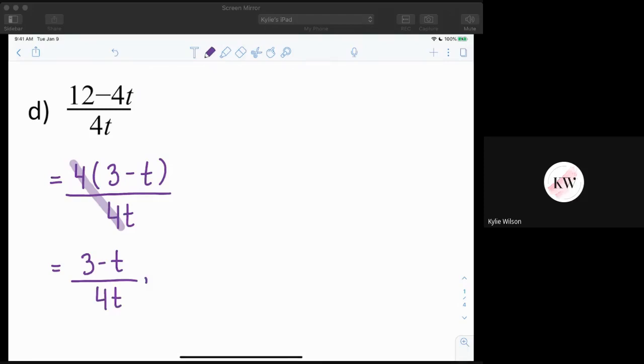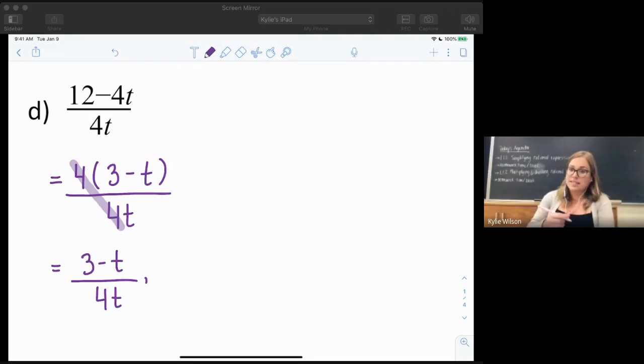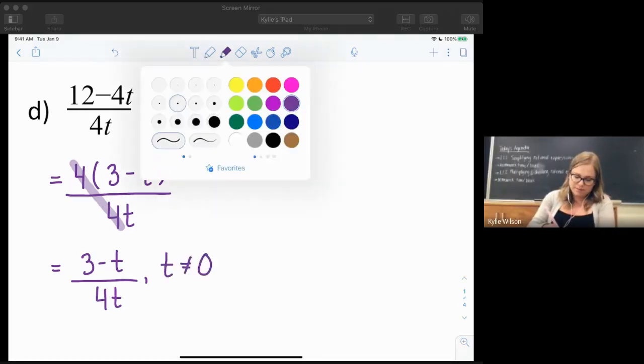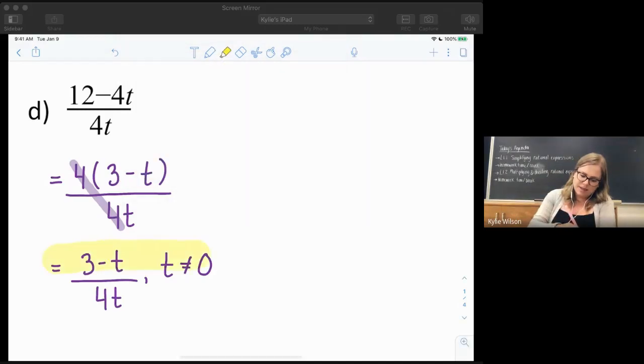Now I need to do the restrictions. I look at my denominator, and t cannot be 0. And that would be my final answer.